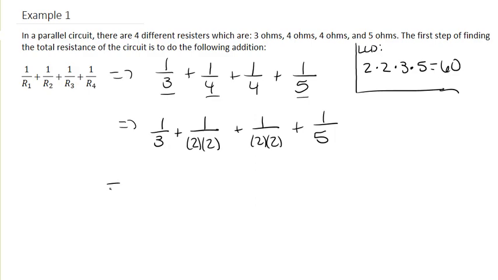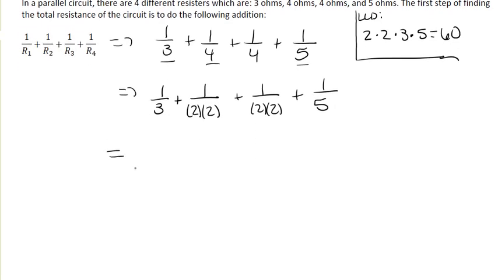So let's go ahead and do that. We have 1/3. We already have the 3, so the ones we're missing are these 2s and this 5. So we multiply the top and the bottom by 2 times 2 times 5. This way, the bottom number becomes equal to 60.